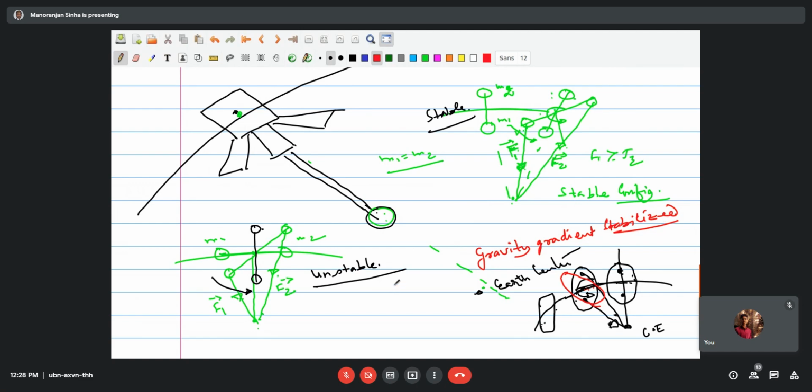While if you take the case of a sphere or a disk, in that case there is nothing. This is one lobe and this is another lobe. If it comes here, you can see that the mass distribution has not changed. It remains the same on both sides, and therefore this is also an unstable configuration.